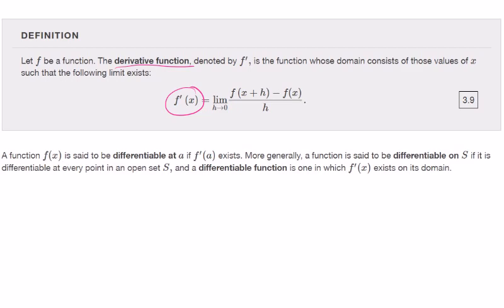It'll basically give us a function of all of the instantaneous rates of change along the whole function, or all of the slopes of the tangent line along the whole function. So it'll give us a collection of points instead of a single point. Remember, f prime means the derivative of f.